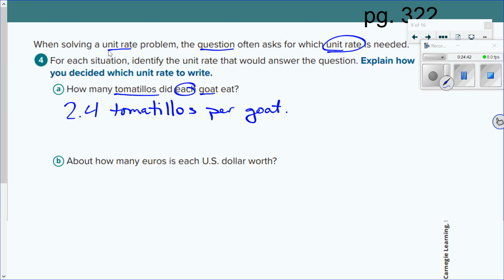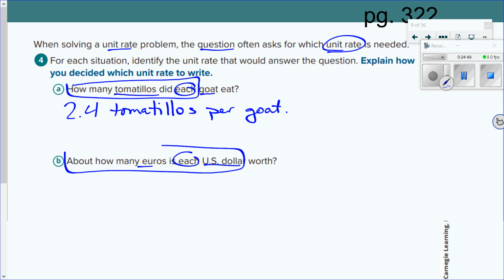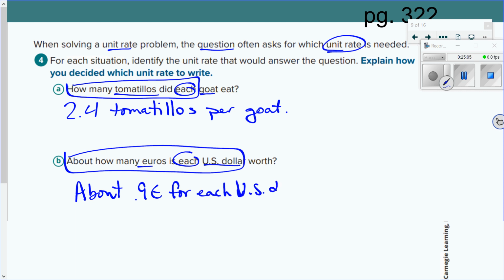How about how many euros each US dollar is worth? Okay? How do I know? I go to the one where it's $1 US.